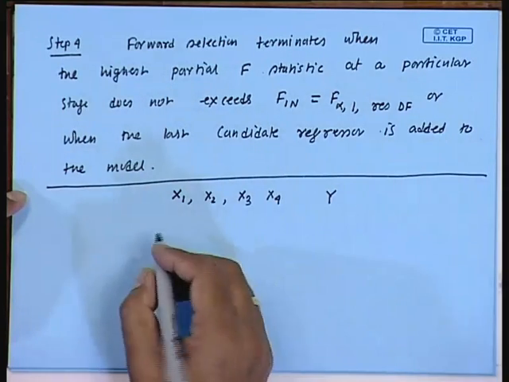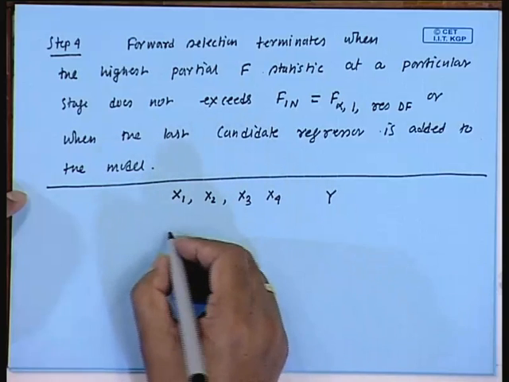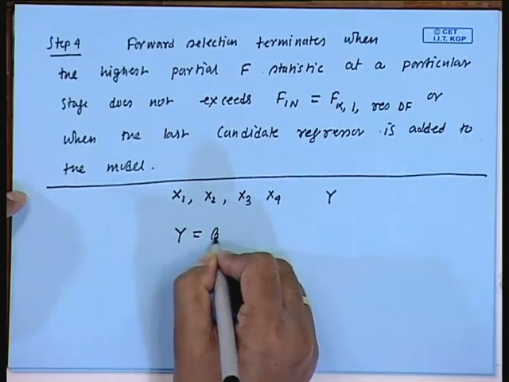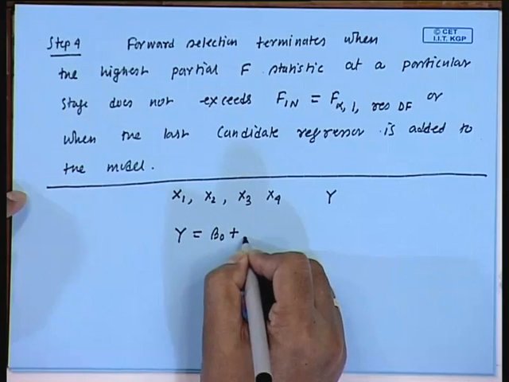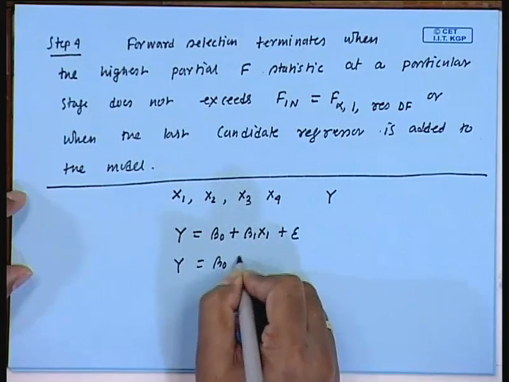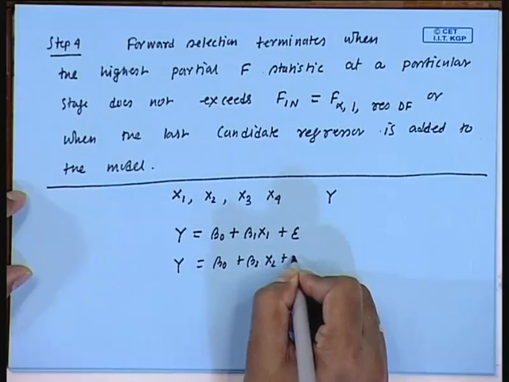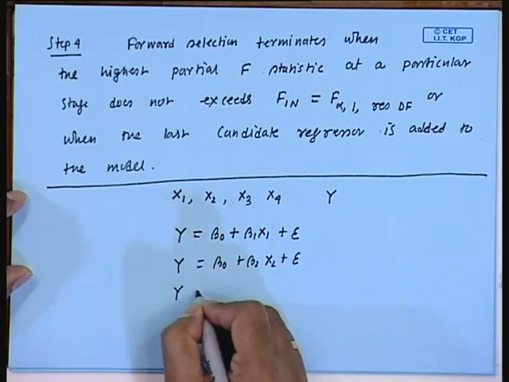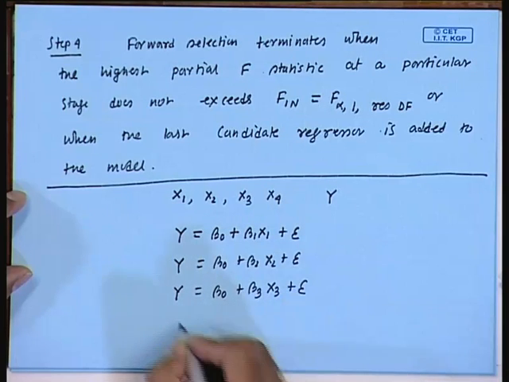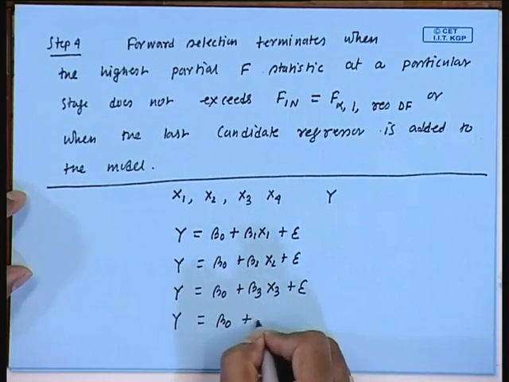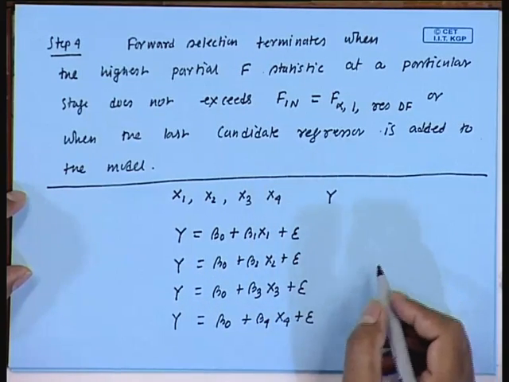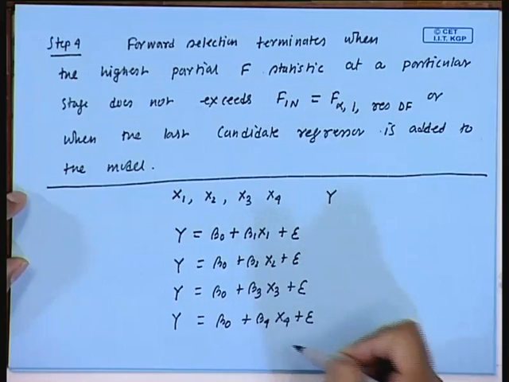So, in the first step I will consider the F statistic value for the model y equal to beta naught plus beta 1 x1 plus epsilon, y equal to beta naught plus beta 2 x2 plus epsilon, y equal to beta naught plus beta 3 x3 plus epsilon, y equal to beta naught plus beta 4 x4 plus epsilon. So, these are the regression models involving one regressor variable.